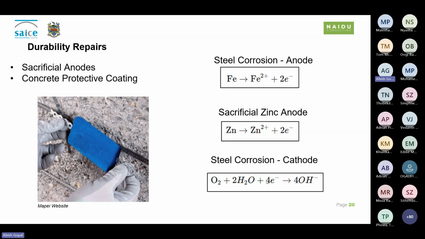Now, once we introduce a sacrificial anode, what is a sacrificial anode in the first place? A sacrificial anode comprises a highly reactive metal such as zinc, magnesium, or aluminium. Essentially what this does is it reverses the role of the anode and the cathode.